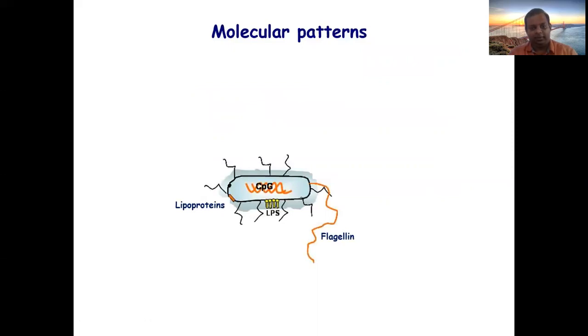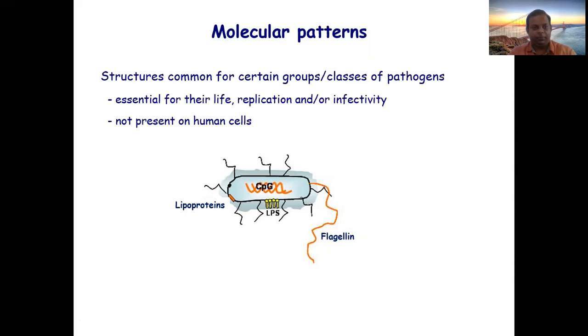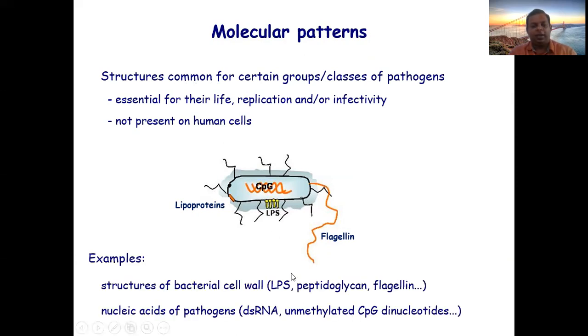So LPS is a PAMP. It is lipopolysaccharide. It's a molecular pattern. So these PAMPs are structures common to certain classes of pathogens, essential for their life, replication or infectivity, not present on human cells.